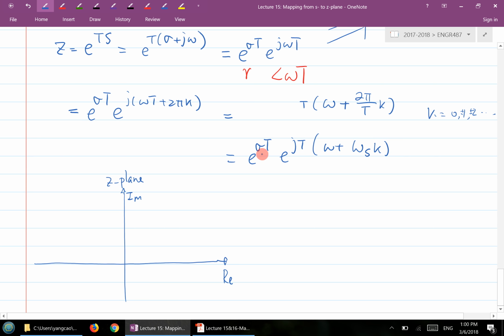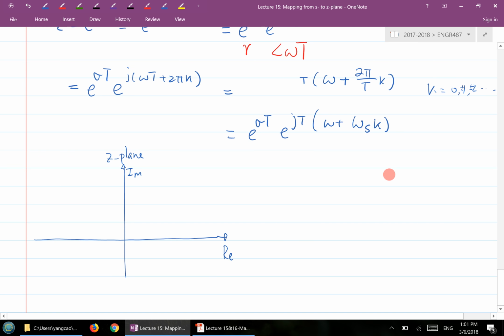The expression has a real part, which is sigma, and you also have omega here. This is the original location of the poles.